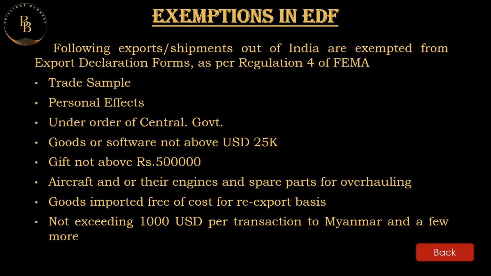Goods imported free of cost for re-export are also exempted from EDF, not exceeding 100,000. Sorry, any goods not exceeding 1,000 US dollars per transaction to Myanmar are also exempted from the EDF.